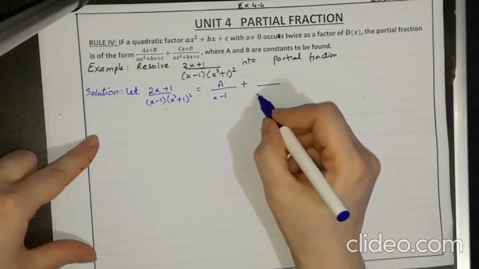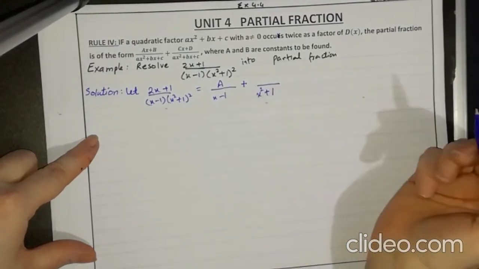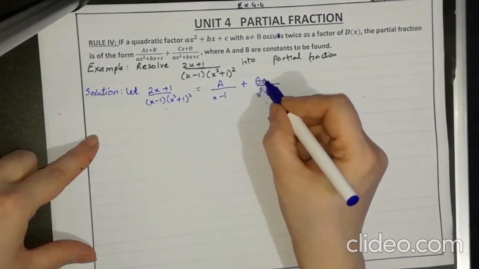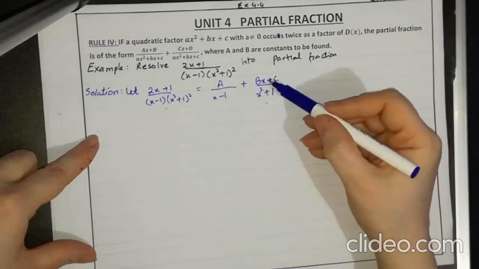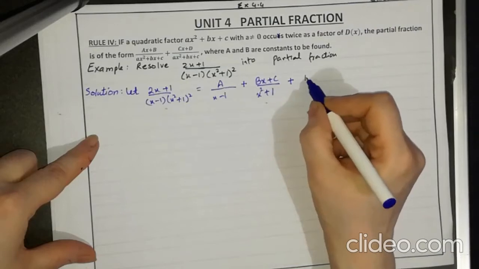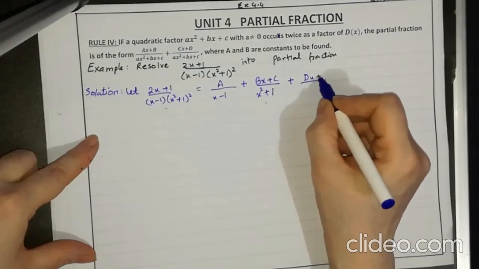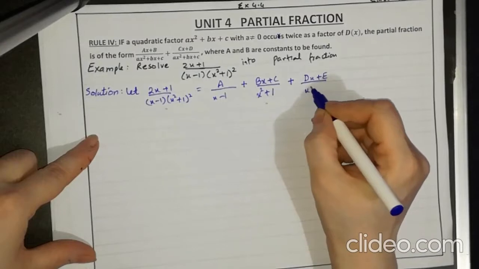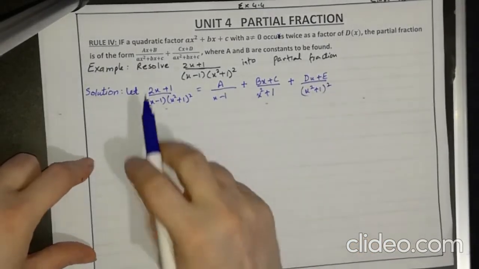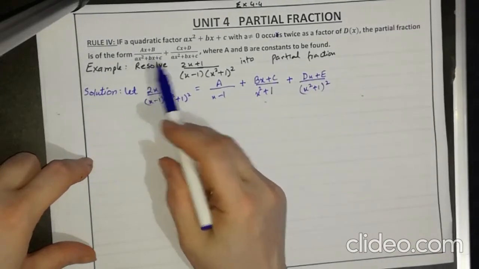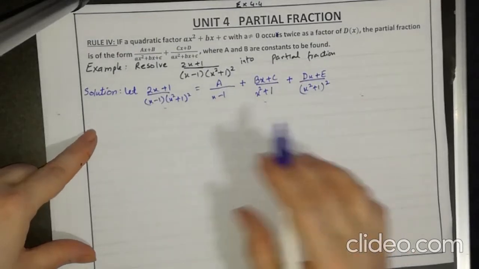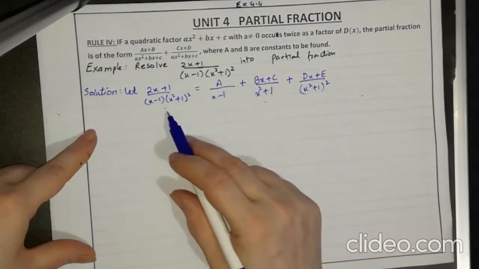So first, for x square plus 1 we write Bx plus C, because the degree of the top should be less than the degree of the bottom. And because it is repeated, for the third we take Dx plus E over (x square plus 1) whole square. So according to the rule, it is in the form of ax plus b over this and cx plus d over the quadratic expression.